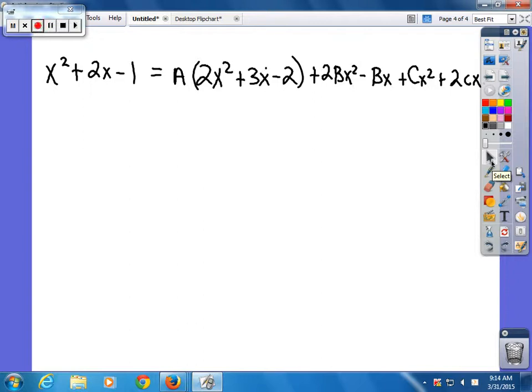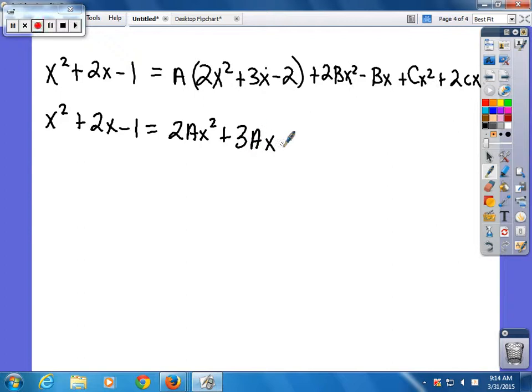Alright, now we got to combine like terms. We got to distribute this thing across. So x squared plus 2x minus 1 is equal to 2ax squared plus 3ax minus 2a plus 2bx squared minus bx plus cx squared plus 2cx.